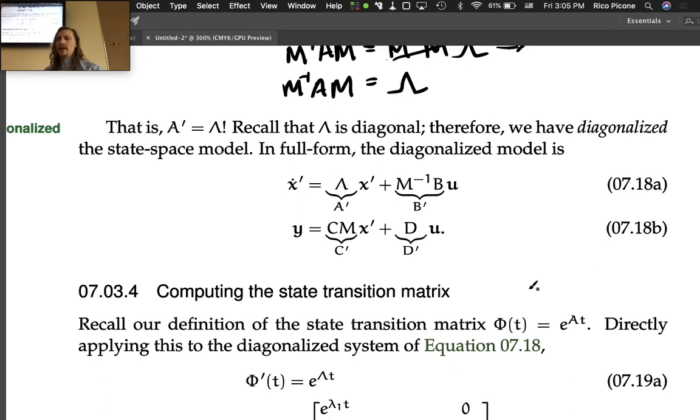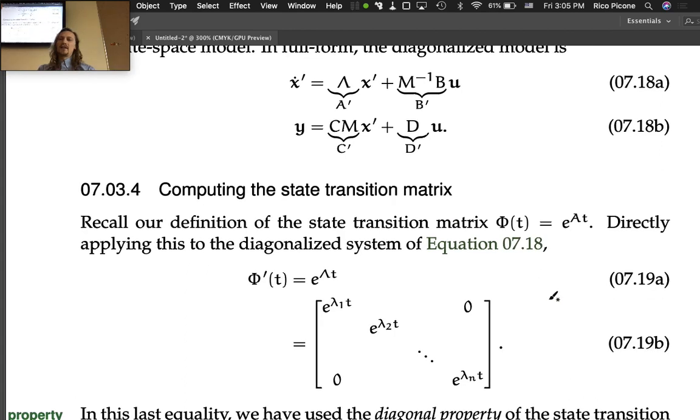But the big payoff is actually this next bit. This is the real motivation for doing it. I mean, having a diagonalized system is kind of interesting, but we're going to see some of the payoff here in a sec. So recall our definition of the state transition matrix as being e to the At, the matrix exponential of At.